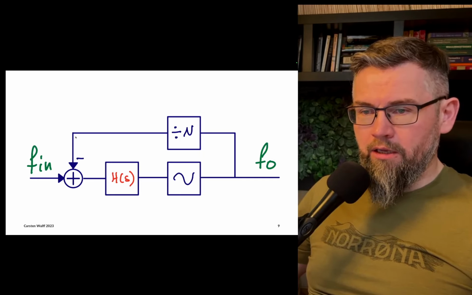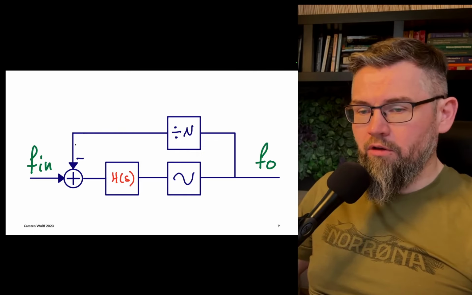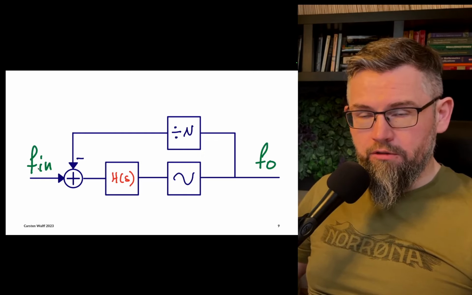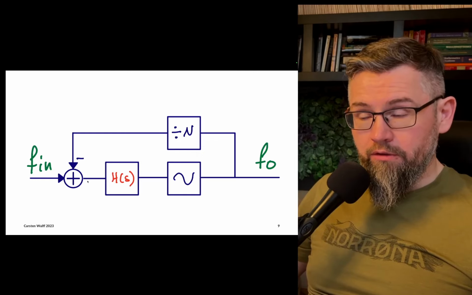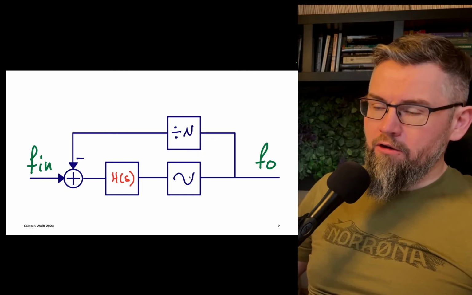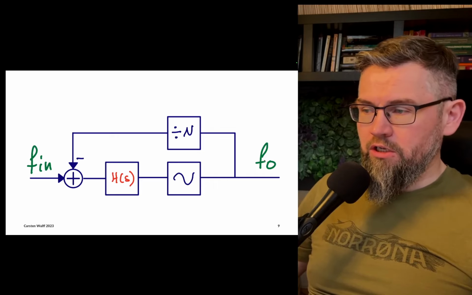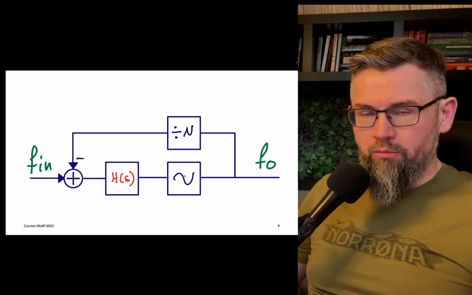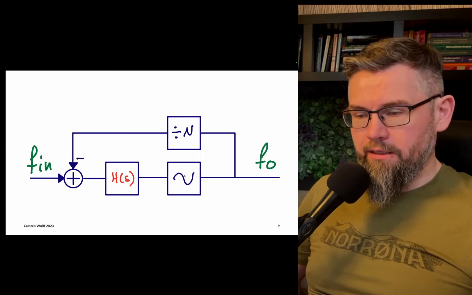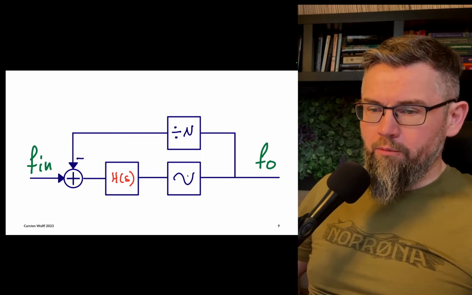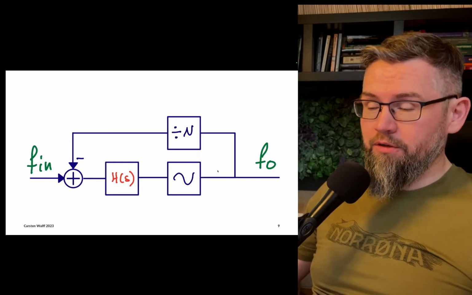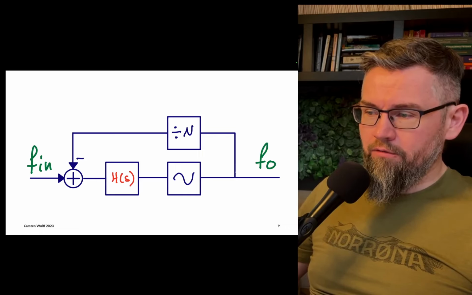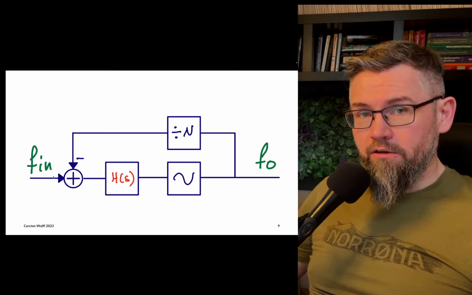Now, if I somehow can compare my down-divided output clock with my extremely precise 32 megahertz crystal oscillator clock, and I could take the error between those two, feed it into a loop filter, and then control an oscillator that changes the frequency of the output, then this becomes a feedback loop. And this is fundamentally a PLL, a phase lock loop, because what will happen, well, actually it doesn't need to be phase, but most accurate is phase, because then we align the phase of the output clock, the FO, with the phase of the input clock.